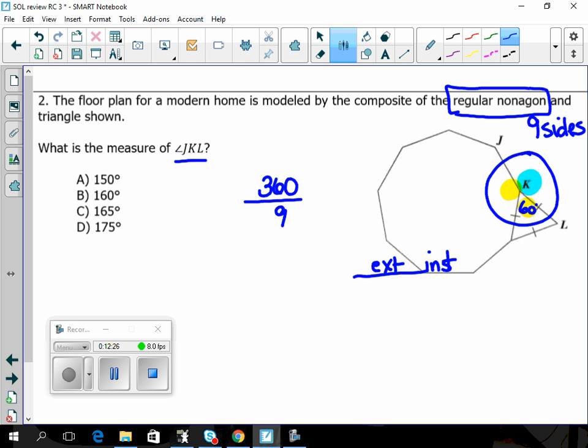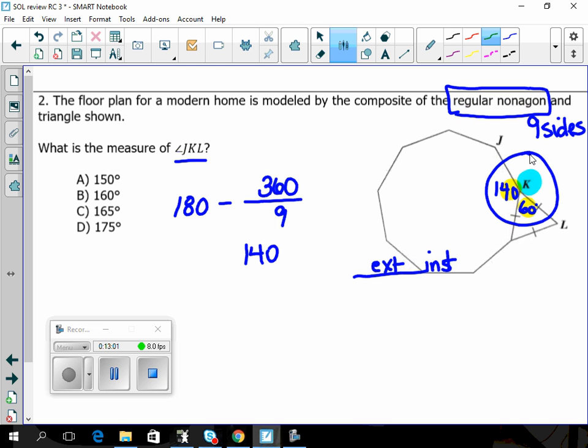That gives me the exterior angle, but if you look at how an exterior and interior angle are related, I can simply subtract those from 180 because they're a linear pair. So that angle inside a regular nonagon, go ahead and plug this into your calculator, and you should get 140, which means this guy right here is 140.